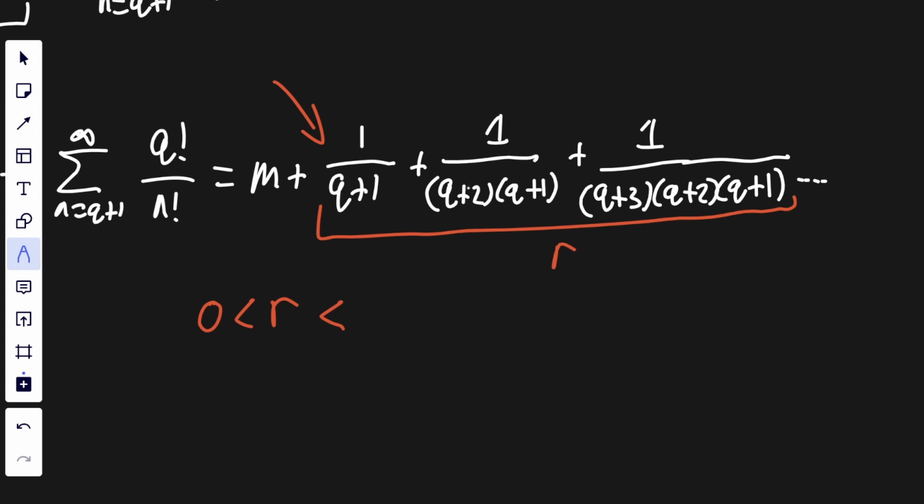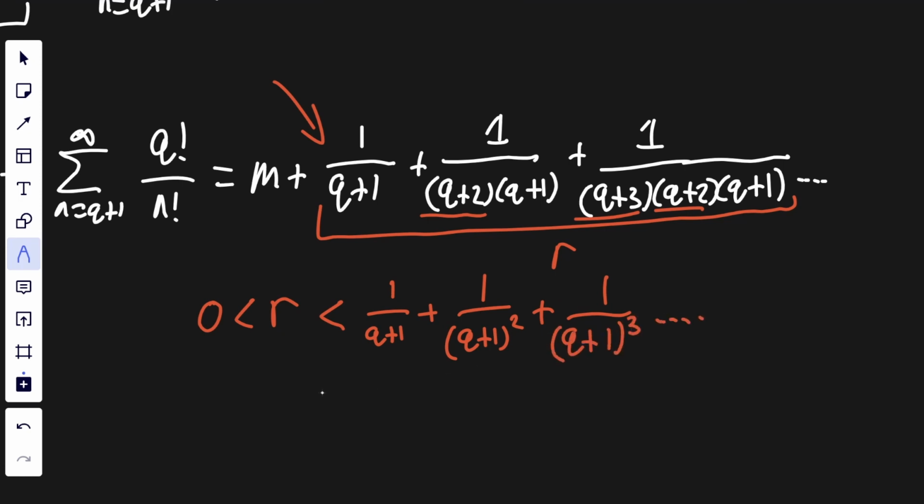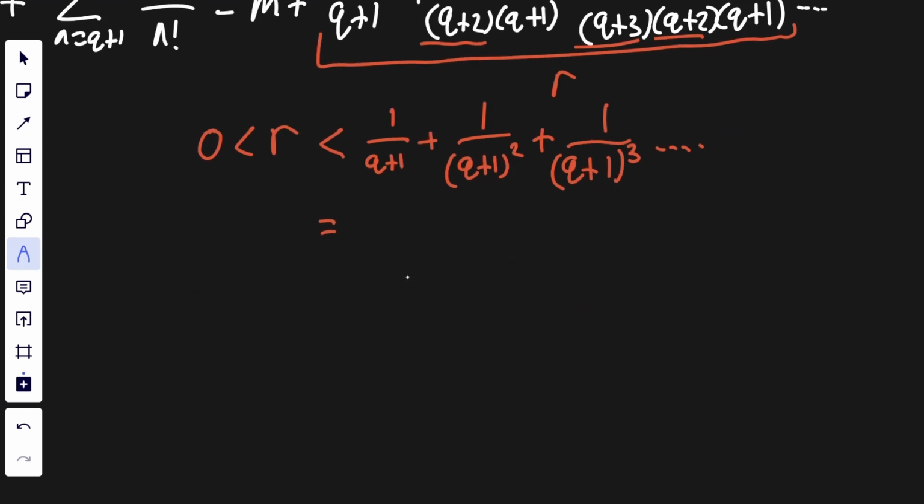That means I need to make the denominator smaller. So I'm going to change this to a q plus 1, this to a q plus 1, this to a q plus 1, and so forth. That's going to leave us with 1 over q plus 1 plus 1 over q plus 1 squared plus 1 over q plus 1 cubed, etc.